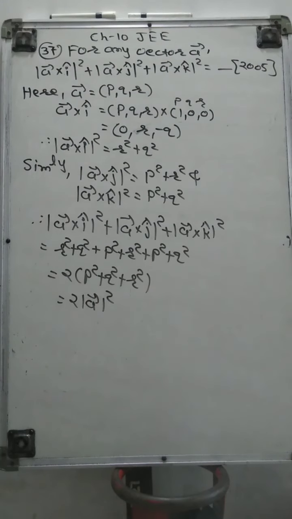So our answer is 2 mod A square. This is a quite simple sum, so we cannot explain much about it. If you know the cross products of I, J, K with A, then it is very easy for you. Otherwise, quite difficult. Then we go for the next one.